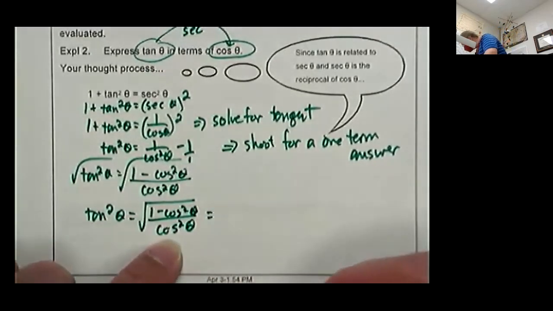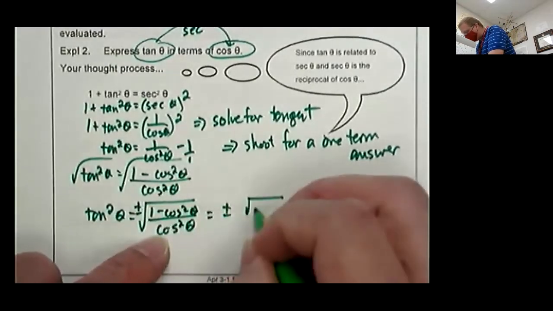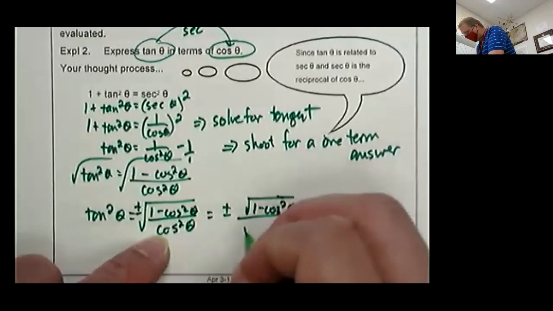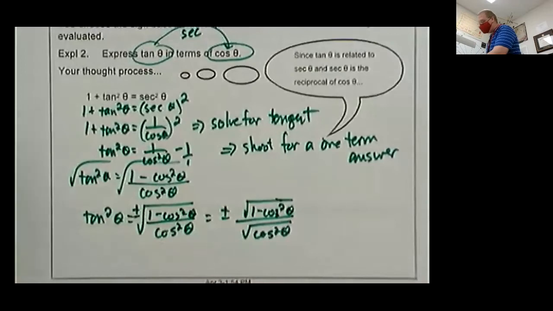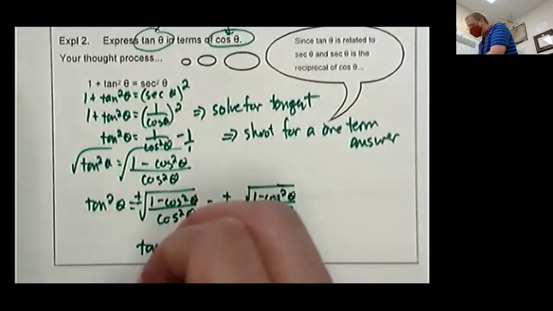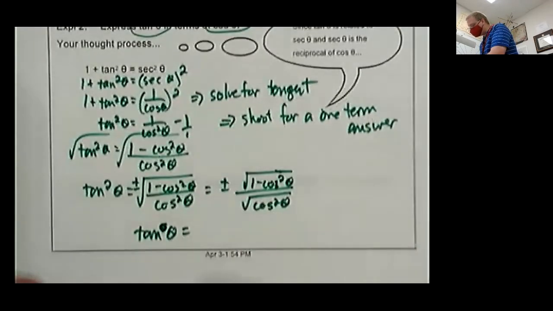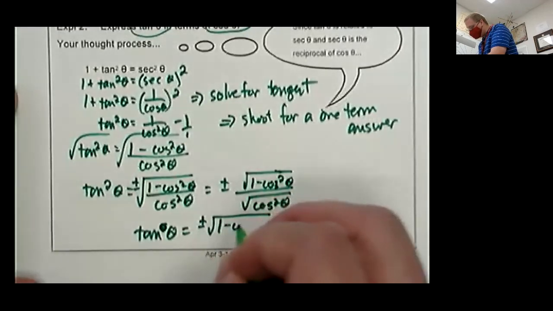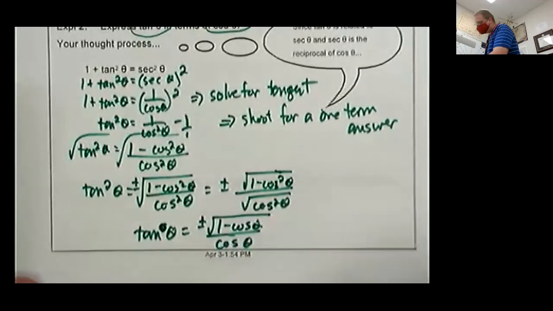So this is, and we should probably call that a plus minus square root 1 minus cosine squared theta over the square root of cosine squared theta to show that intermediate step. Therefore, we manage to write tangent, not squared, but tangent of theta in terms of just cosine. So this is plus minus the square root of 1 minus cosine squared theta over cosine theta.